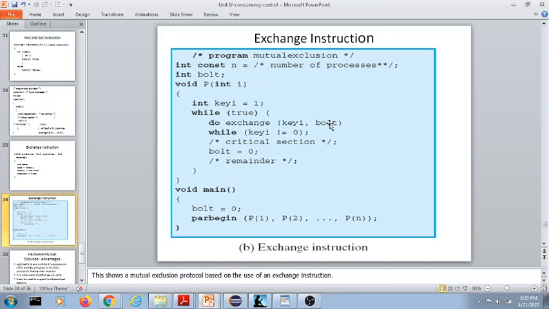If bolt is free, that means the resource is free. At that time the condition key 2 not equal to 0 goes false and the process enters its critical section. Again, the critical section is that section of the code of the process which is using the common resource.